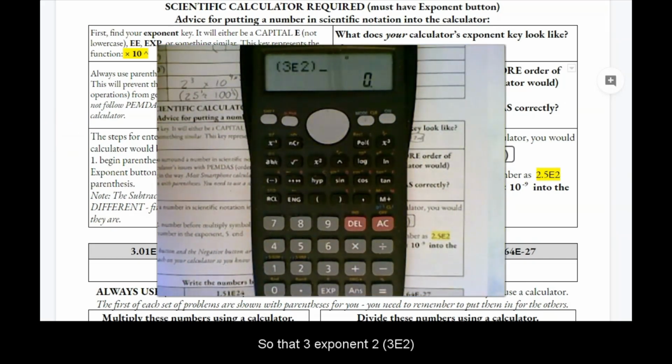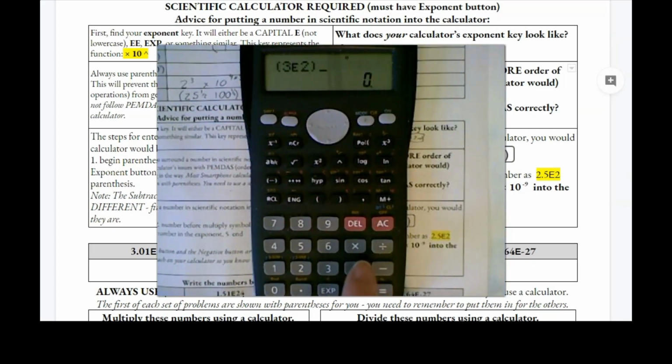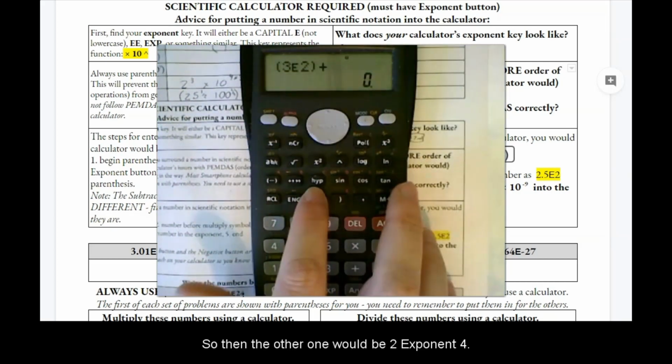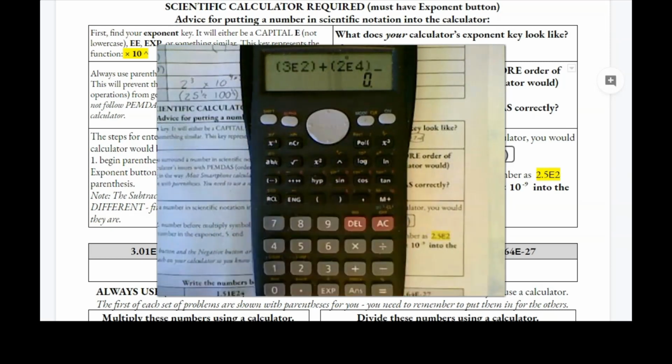So that 3 exponent 2 is the exact same as saying 3 times 10 to the 2. Alright, so now we can have our little addition button. And I've surrounded this with parentheses to make sure the calculator knows that's one single number all bound up together. So then the other one would be 2 exponent 4.